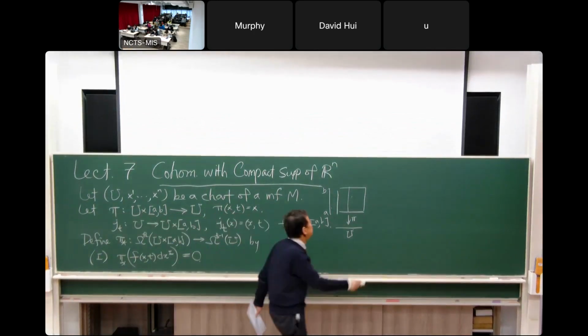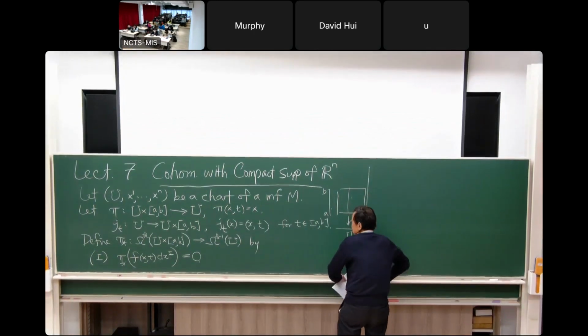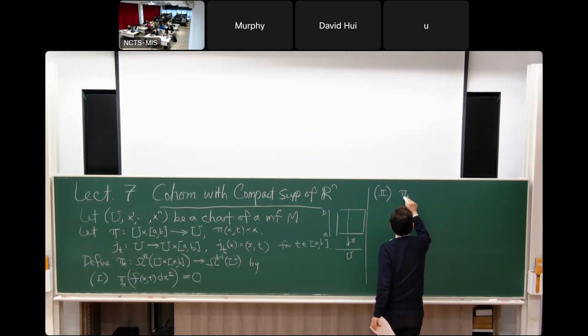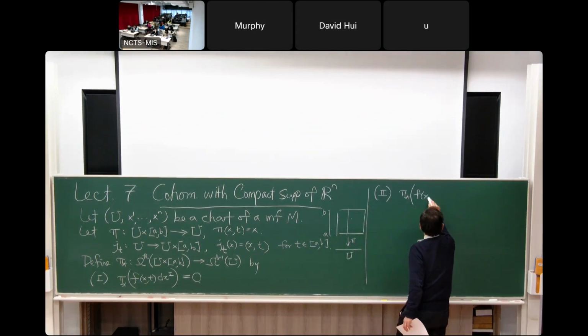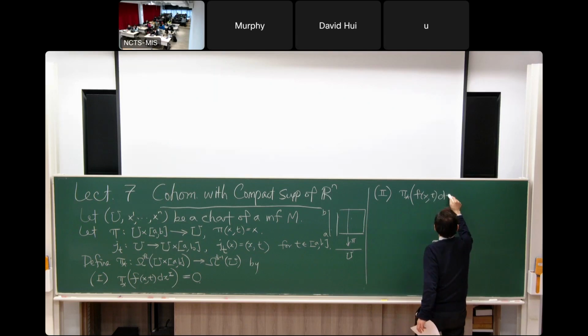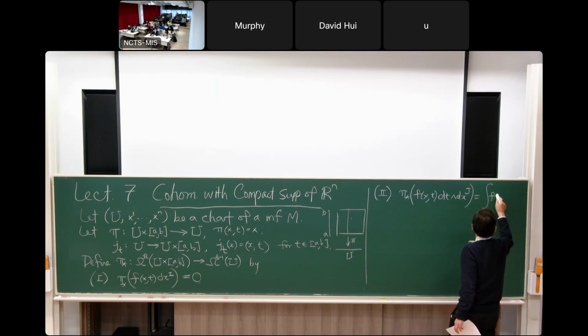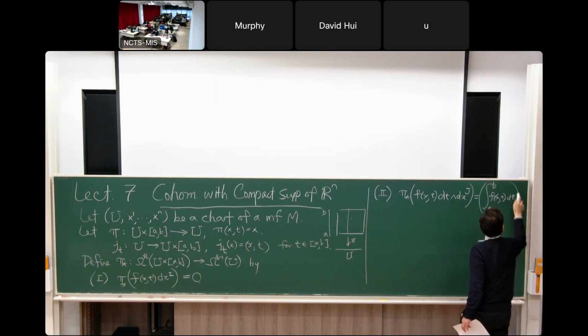And then on type 2 forms, you have a dt, and you just integrate that out from a to b. Okay? So you get a function of x, and then you still have your dx_J.